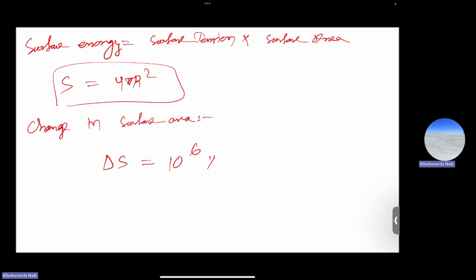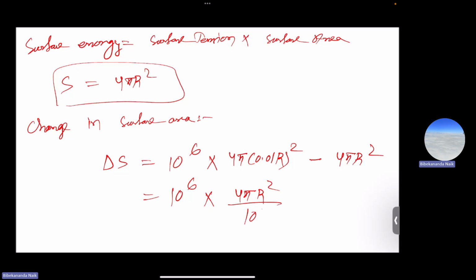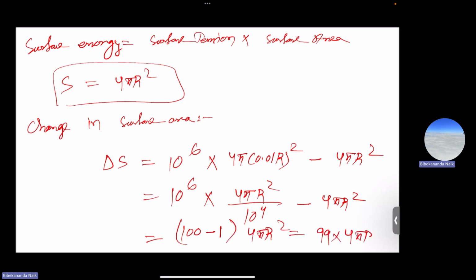So 10 to the power 6 into 4 pi R square divided by 10 to the power 4 minus 4 pi R square. So 100 minus 1 into 4 pi R square. So it will be 99 into 4 pi R square.